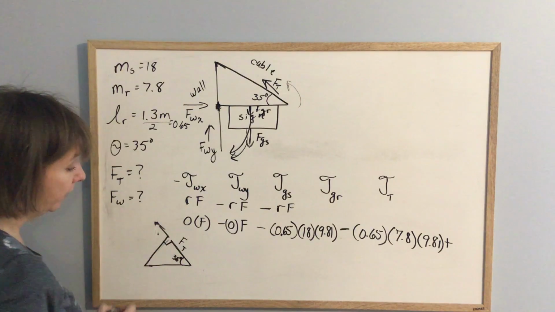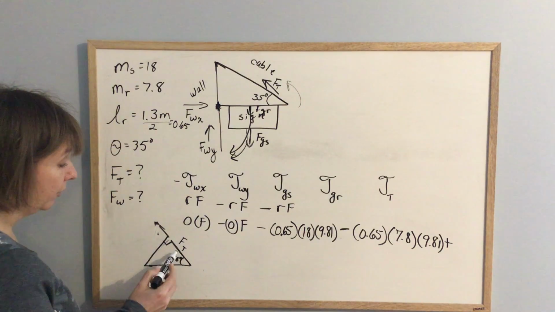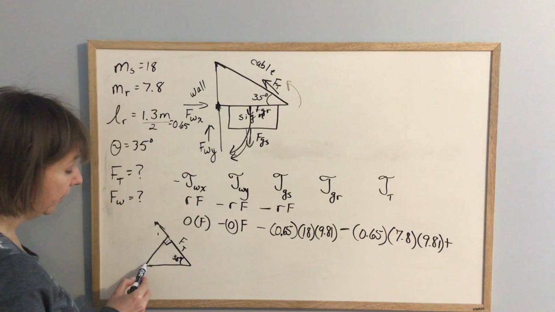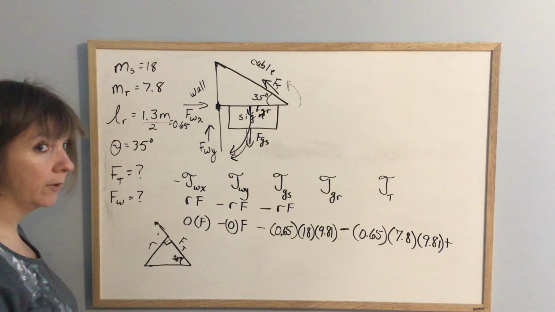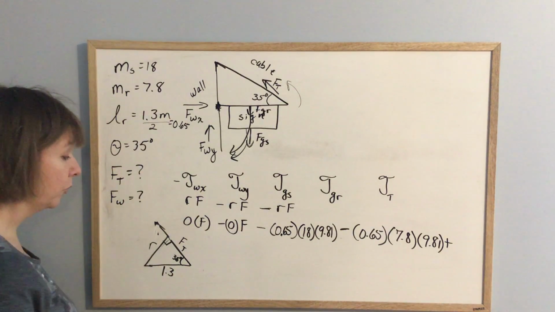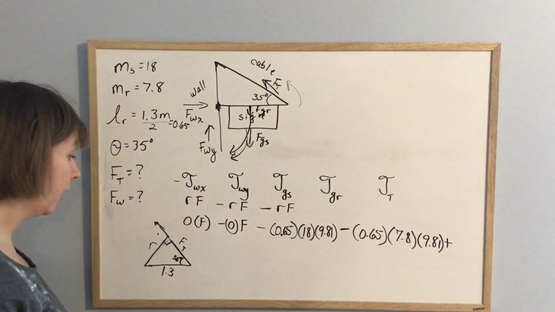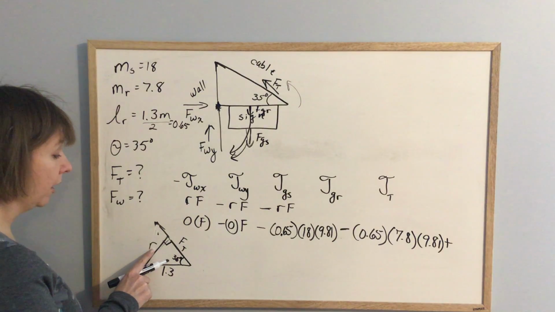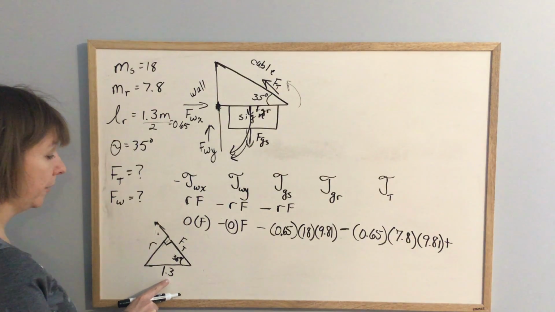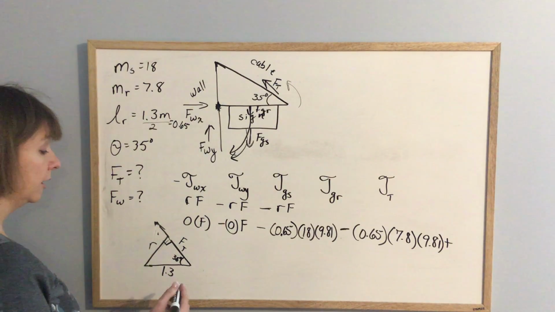And so there would be a right angle there. If my force of tension is that way, my R would be here at right angle to it. This length is 1.3 because that's the rod. So if I'm looking for my R, that is the opposite side over the hypotenuse, so that is sine.